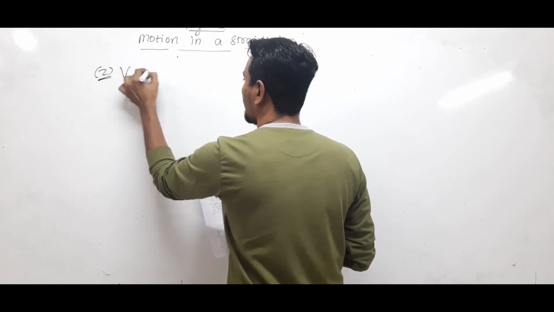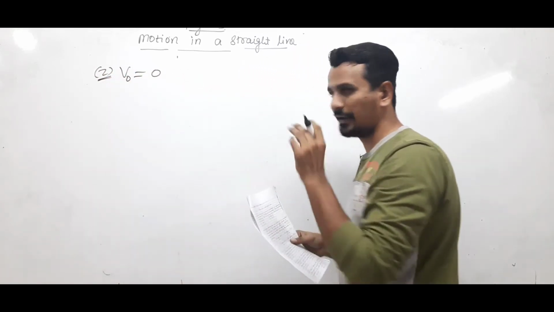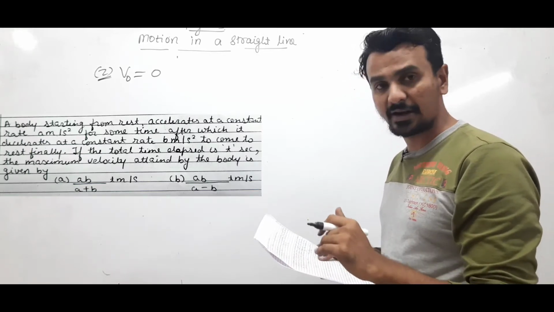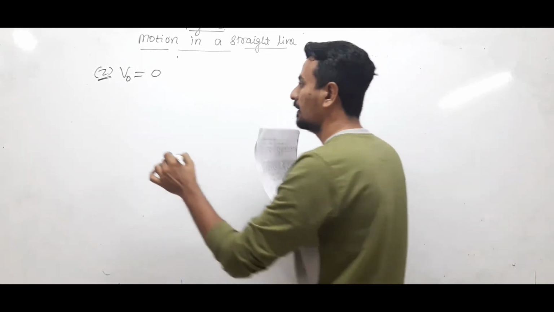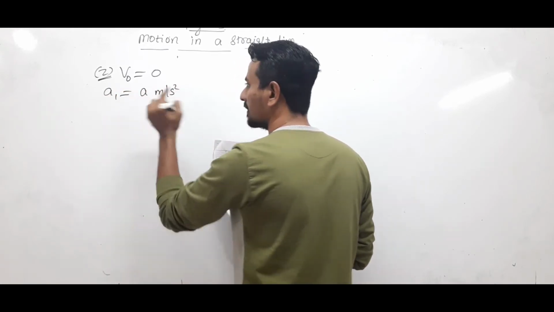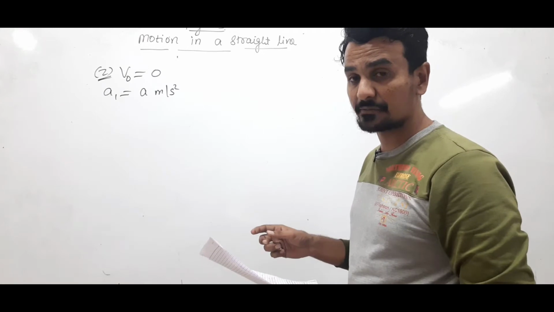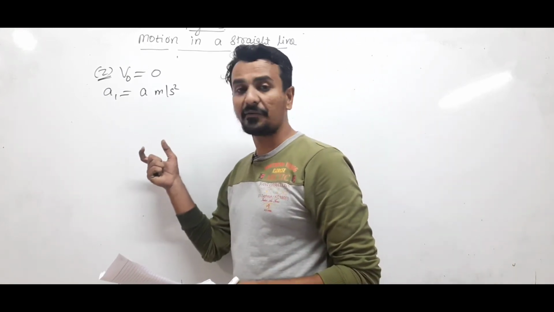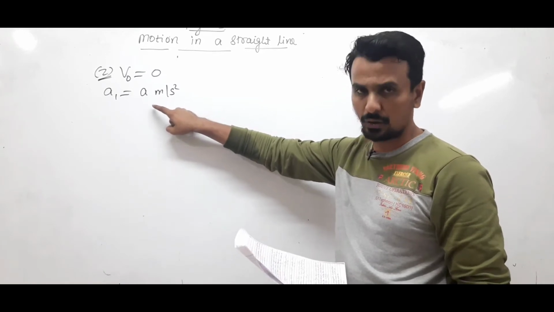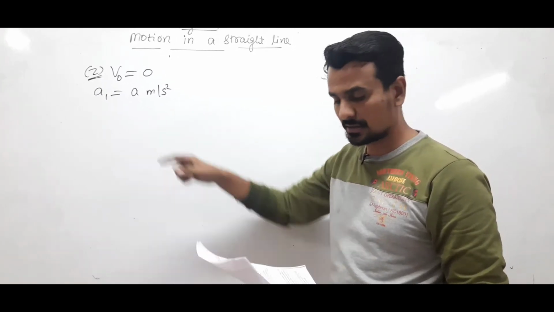The body is starting from rest, so v0 is 0, right? First it is accelerating at a constant rate of a. That means first the object is moving with a meter per second square. So we can think that initially the velocity of the car increases uniformly. That is why acceleration is constant.